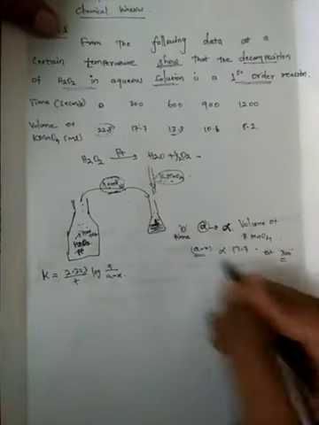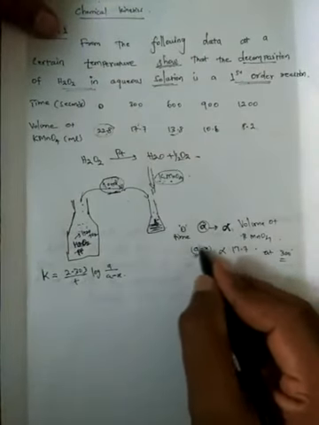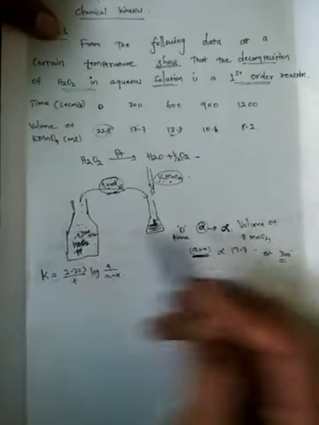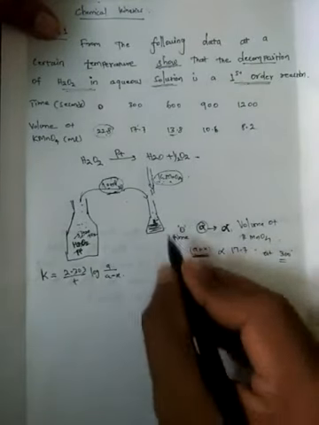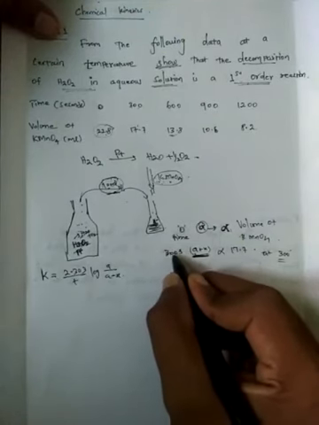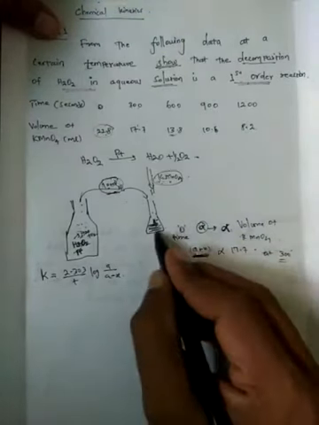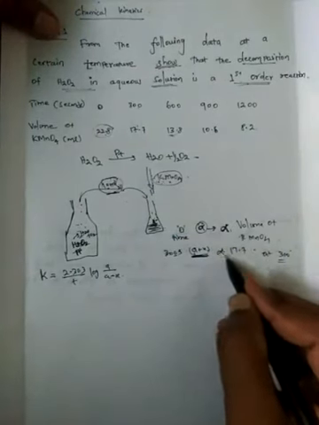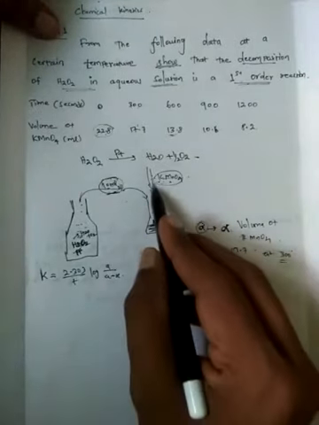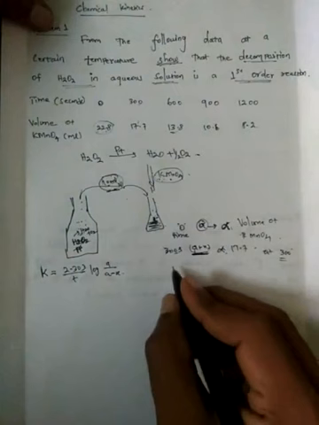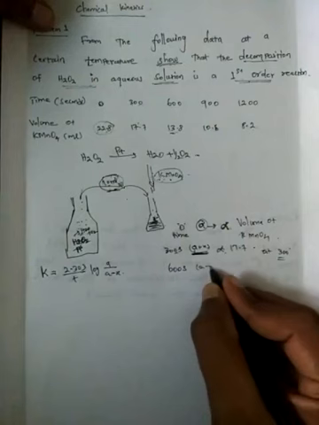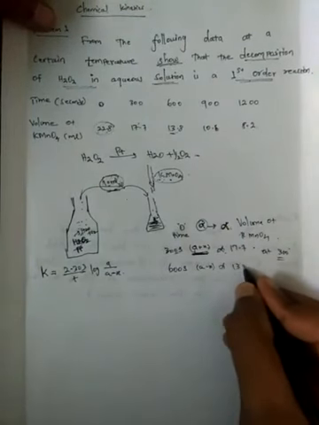A minus X is the reactant concentration. The reactant is hydrogen peroxide. So A minus X, the reactant concentration at varied time. At the 300th second, the reactant concentration A minus X is directly proportional to the volume of KMnO4 required. At the 600 second, the A minus X value is directly proportional to 13.8, and so on.